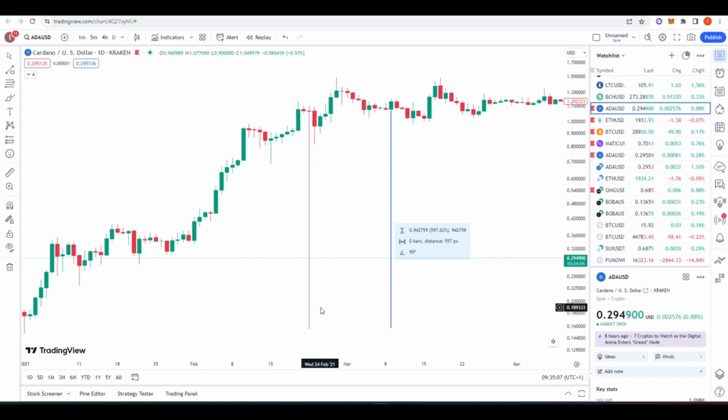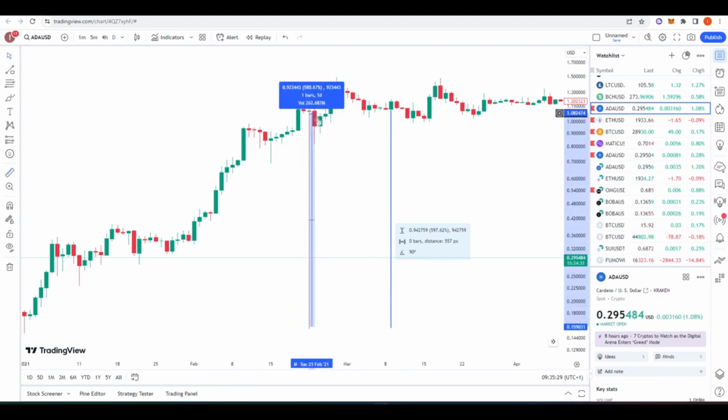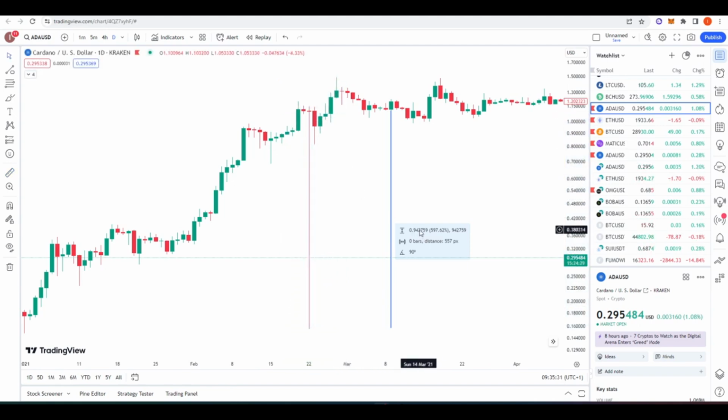But you had some people out there who would have had stink bids in the order books. And say if you had a limit order for like 16 cents on Cardano on Kraken, when it went back up, you made like 580% profit, roughly, depending on where you had your limit order.